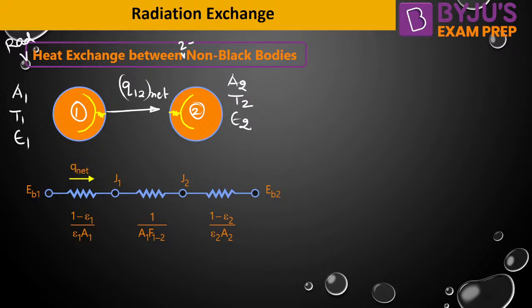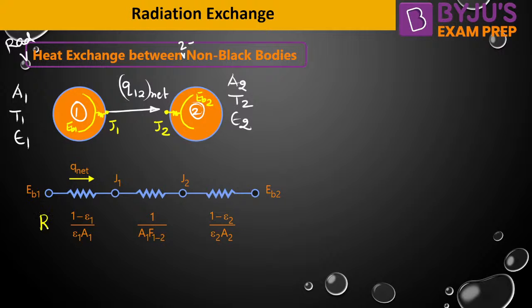Can you see it? This represents the potential of body 1, EB1, and the potential of body 2, EB2. This potential is J1, this potential is J2. All the resistances are in series. So there are three resistances.